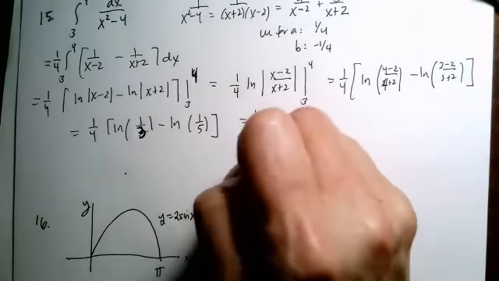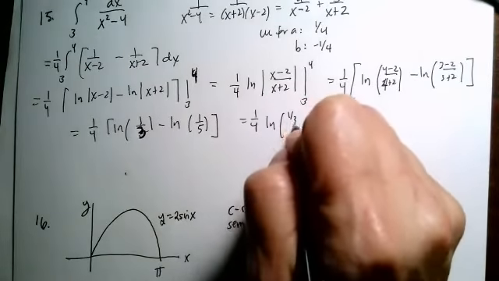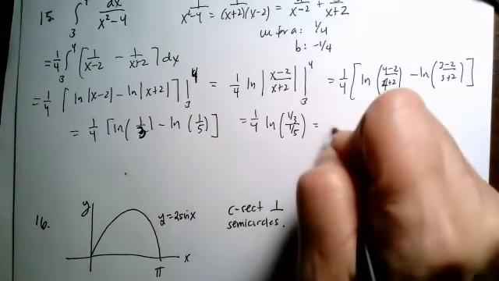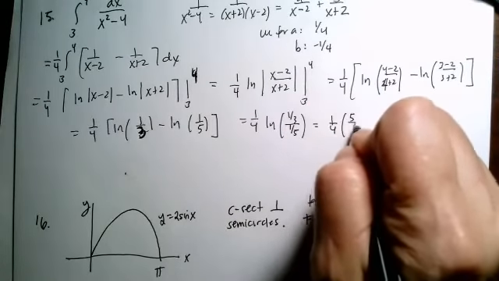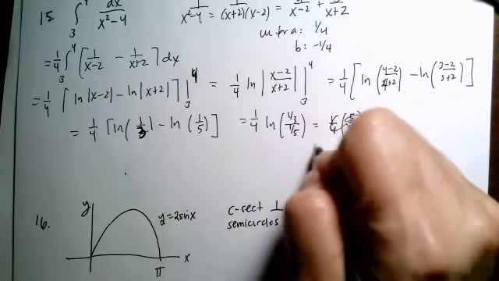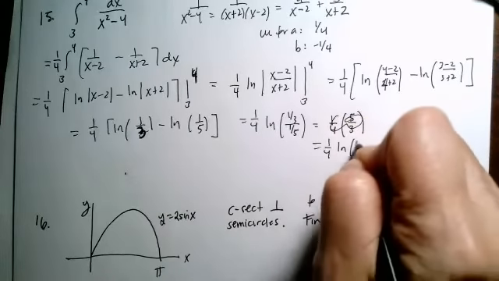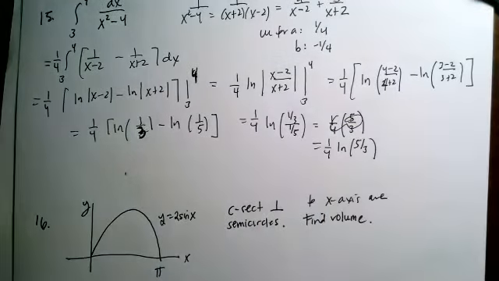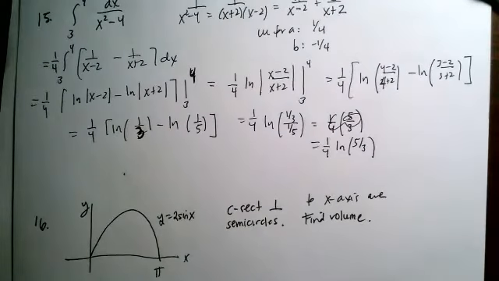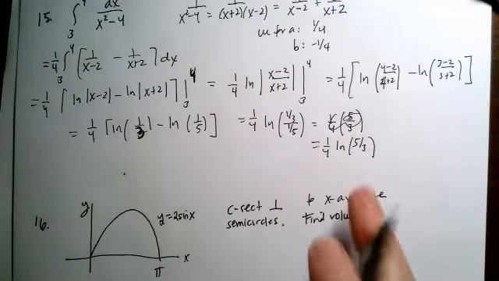Okay, and I can write that as 1/4 times the log of 1/3 over 1/5, which is 1/4 times the log of 5 over 3. I forgot the log part. Okay, so you need to know how to manipulate your logs.